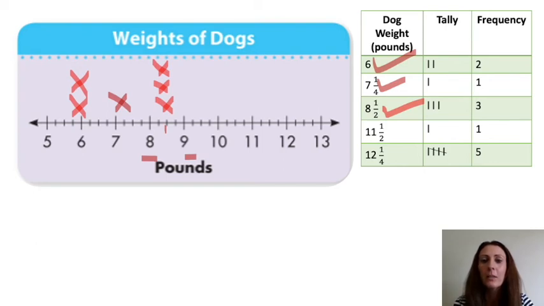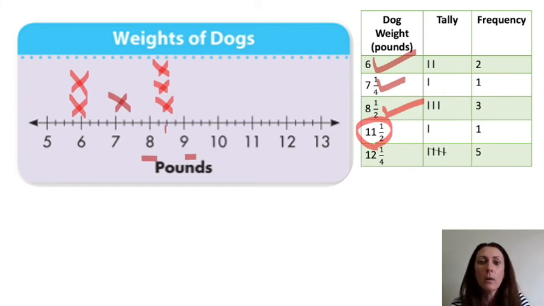All right, so you had a chance to take a moment and think and look at the rest of the frequency table to see exactly where the rest of our data needs to go in our line plot. And if you said that the next piece of data that needs to be plotted goes on 11 1/2, you are correct because that's what comes next in our frequency table.